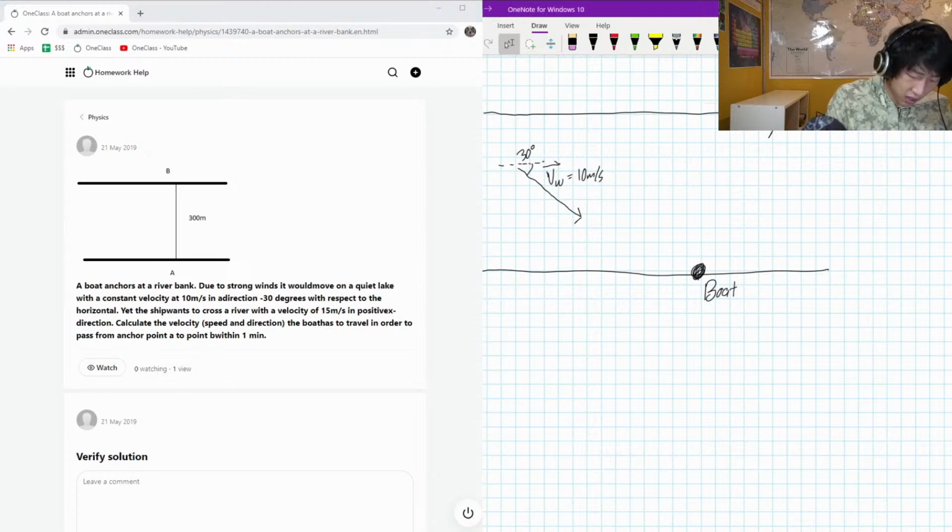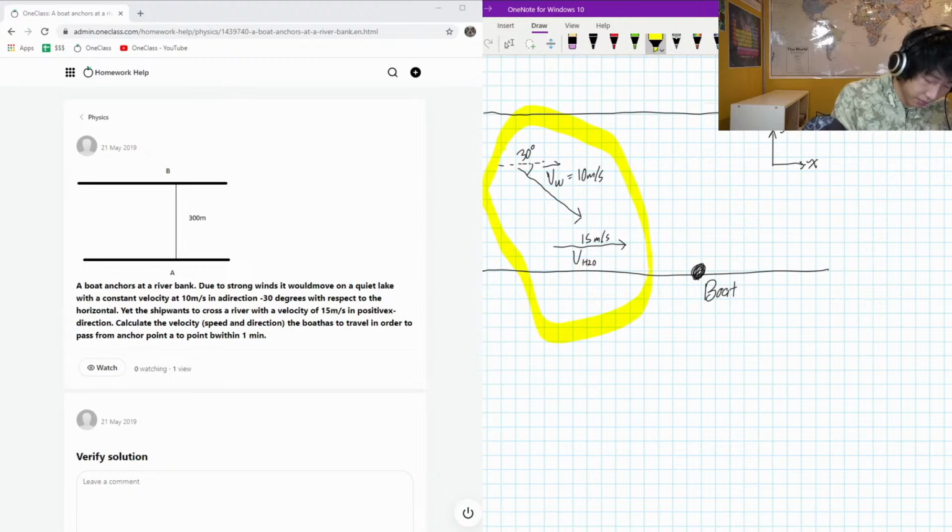So if we define our xy axis like this, that would mean our v water. Maybe VW does not work great for v wind, so let's just call this VH2O, and that's going to be 15 meters per second. Okay, so these two right here, maybe I'll draw a circle around them. These are environment speeds.